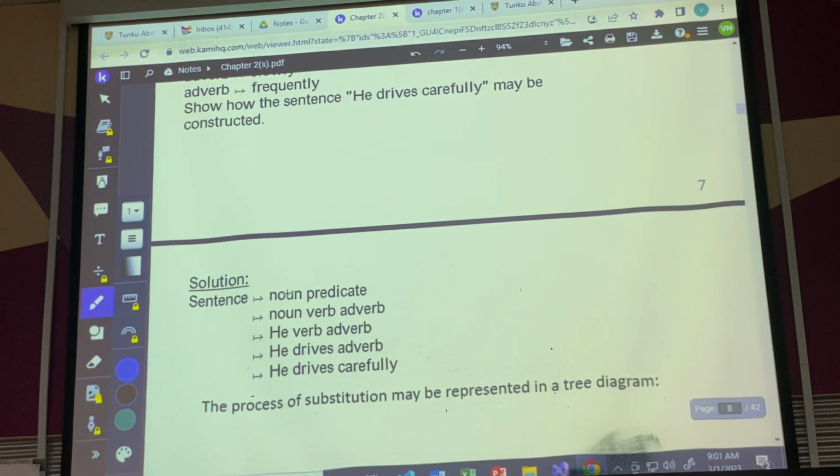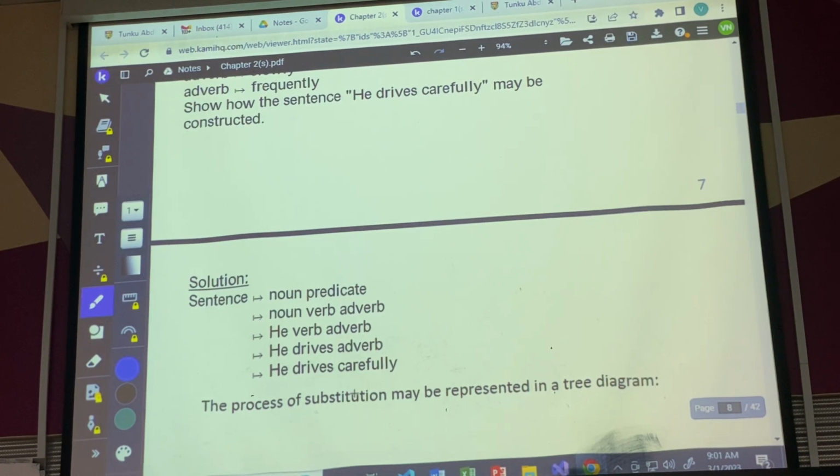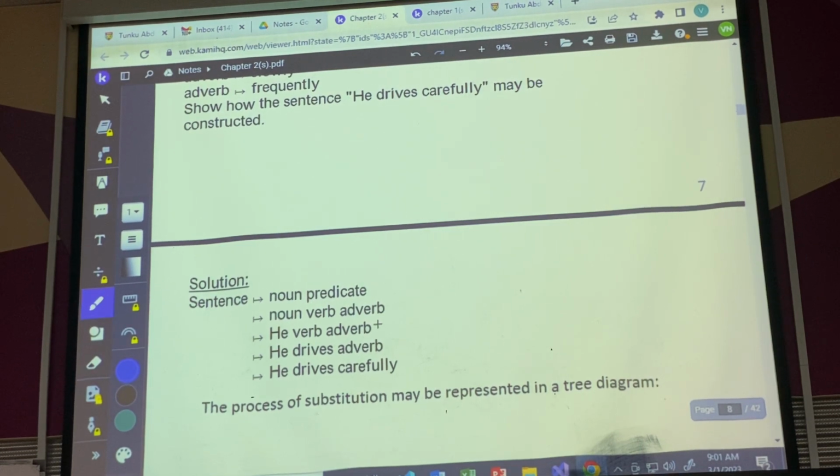Noun and predicate, you have these two components for a sentence, and then you replace the noun with he because you want to get he drives carefully, right? So the noun you will replace with he, the verb will replace with drives, and the adverb will replace with carefully. That is how you get the sentence he drives carefully, by substituting all these words one by one, step by step.